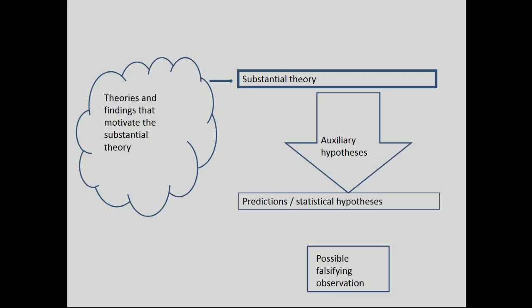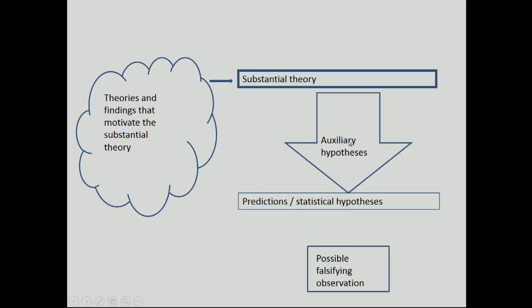So when you're reading a paper or considering your own project, you want to disentangle the broad ideas that motivate your particular theory and the actual theory that you're putting up to test. What is it that you could give up given certain results in your experiment? Then you use your substantial theory to make predictions, which would be in the form of statistical hypotheses. But you can only make these predictions by assuming certain things, and these are the auxiliary hypotheses.